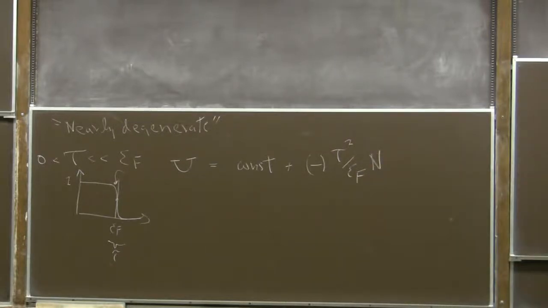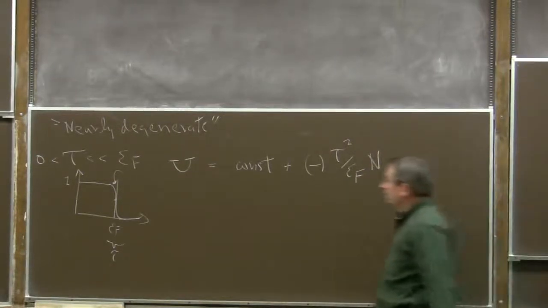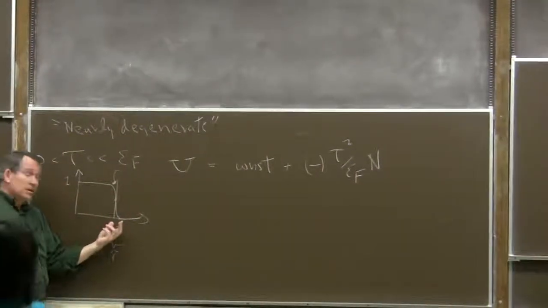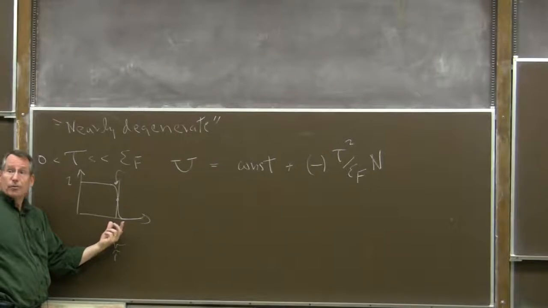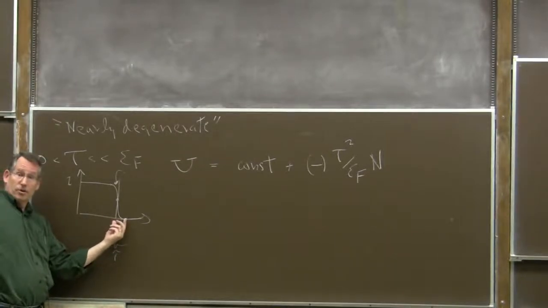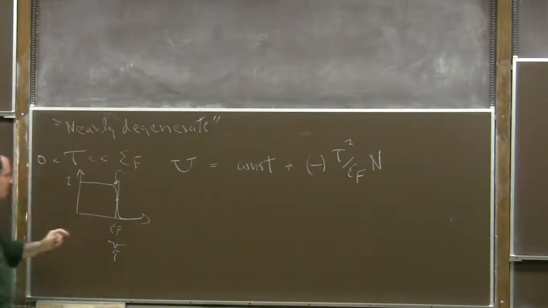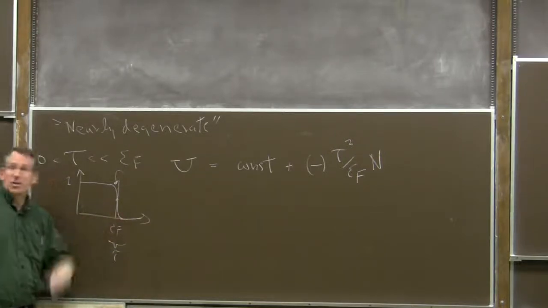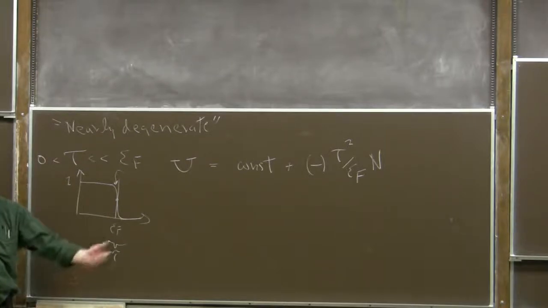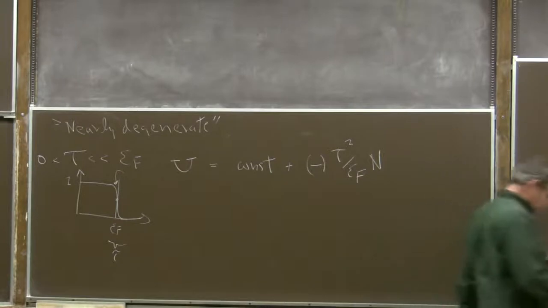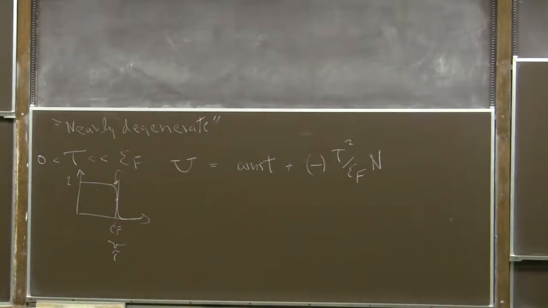So again, the picture is that there's some fraction of the particles which are now excited, but that fraction is about tau over EF. It's only the orbitals close to the Fermi energy in a band with thickness about equal to the temperature, and they're excited by an amount which is about the temperature. So it's tau times tau over EF, and proportional to the total number of particles.